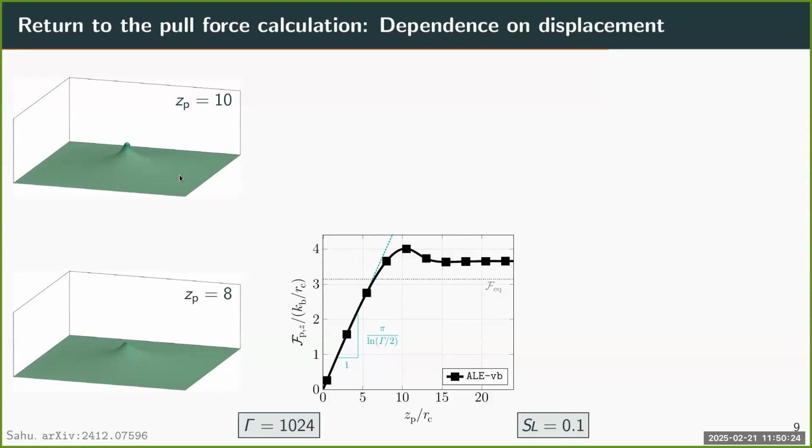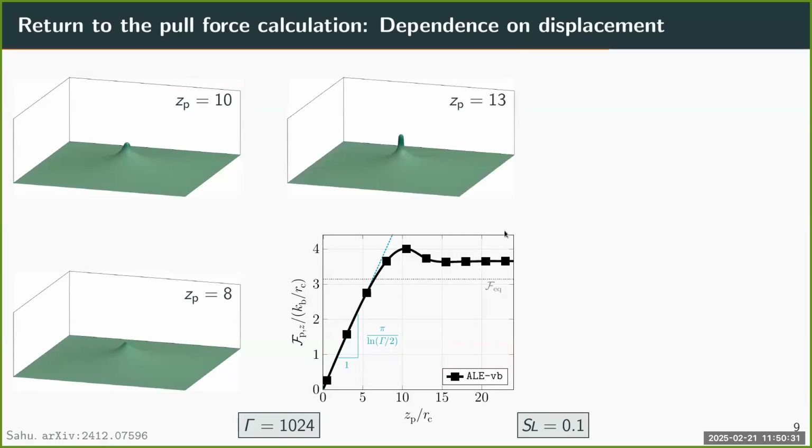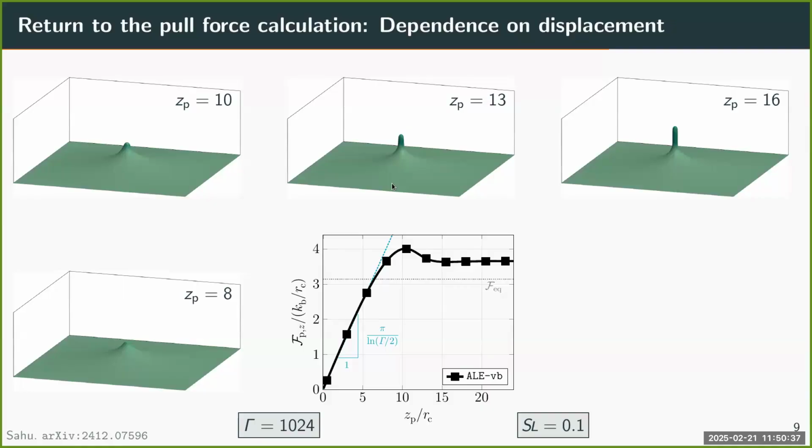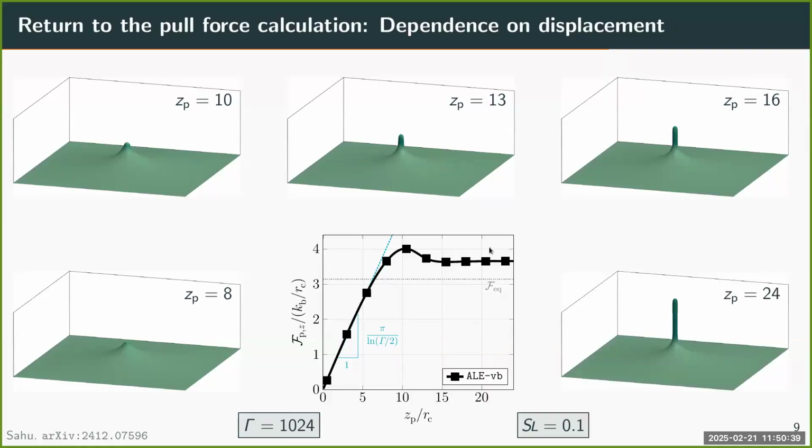This schematic is right at the maximum pull force. After this transition, we see a tether begin to develop, and once the tether develops, we can just pull and pull and pull. The force required to pull this tether is roughly constant as I continue to pull my tether, in agreement with observations that prior studies have made as well.